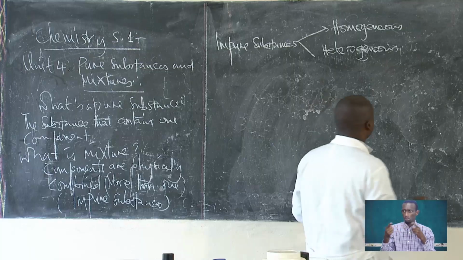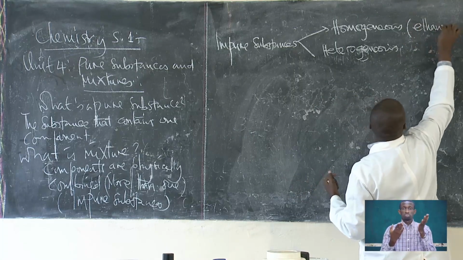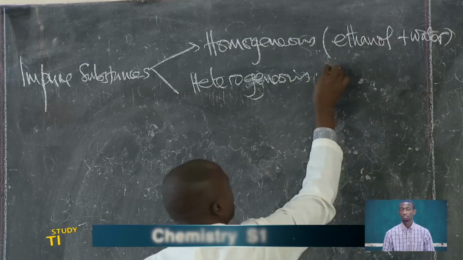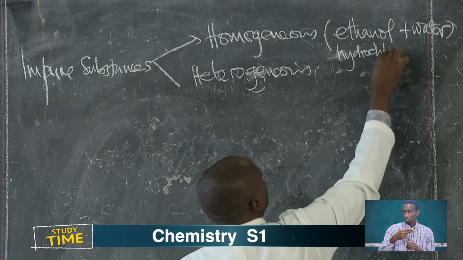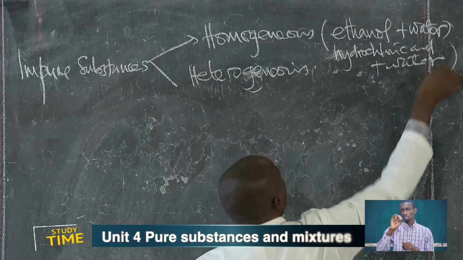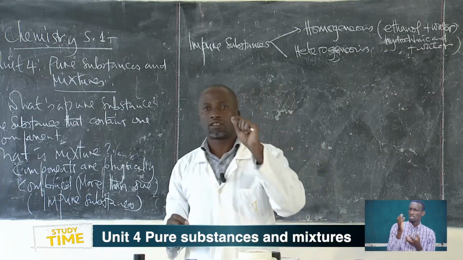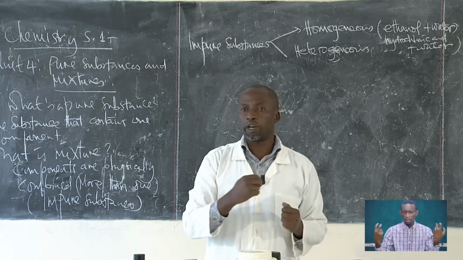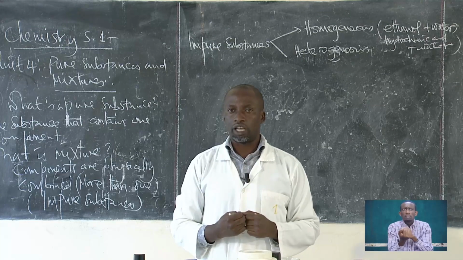Examples are ethanol and water, and also hydrochloric acid and water. You cannot distinguish that there are two components when they are mixed together. So they are uniformly distributed.